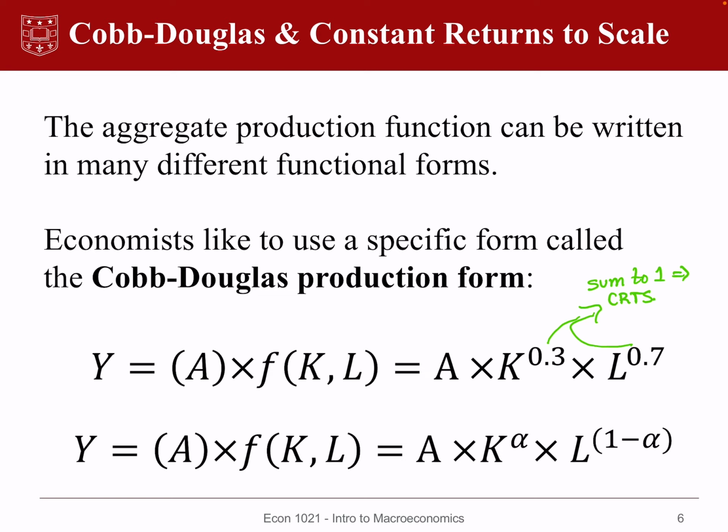In contrast, we could think about increasing returns to scale or decreasing returns to scale. Increasing returns to scale would be if we double all the inputs, we more than double output. Decreasing returns to scale would be if we double the inputs, we less than double output. For the macroeconomy as a whole, constant returns to scale is a pretty good description of the way the macroeconomy works.